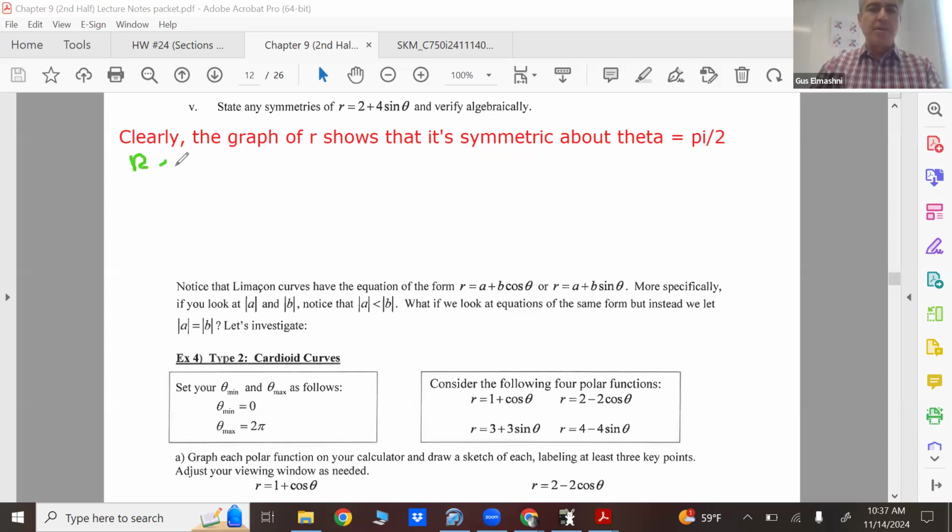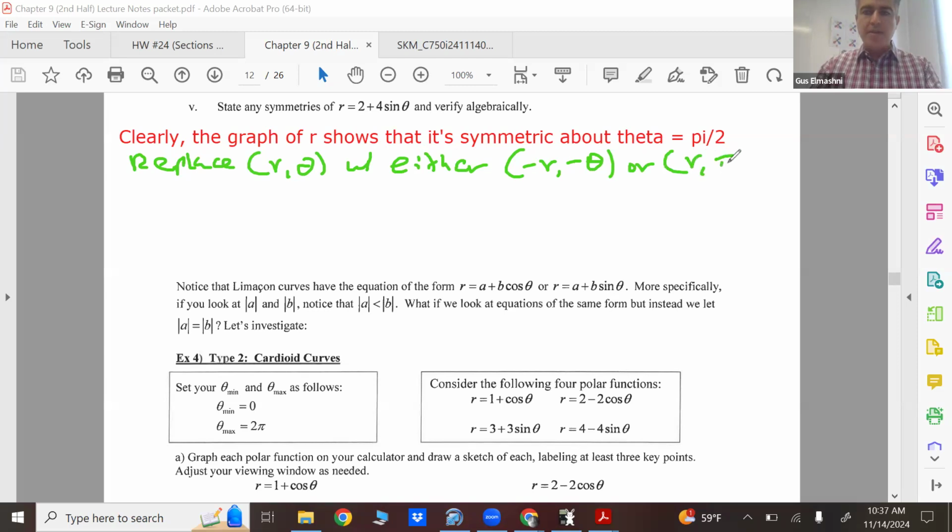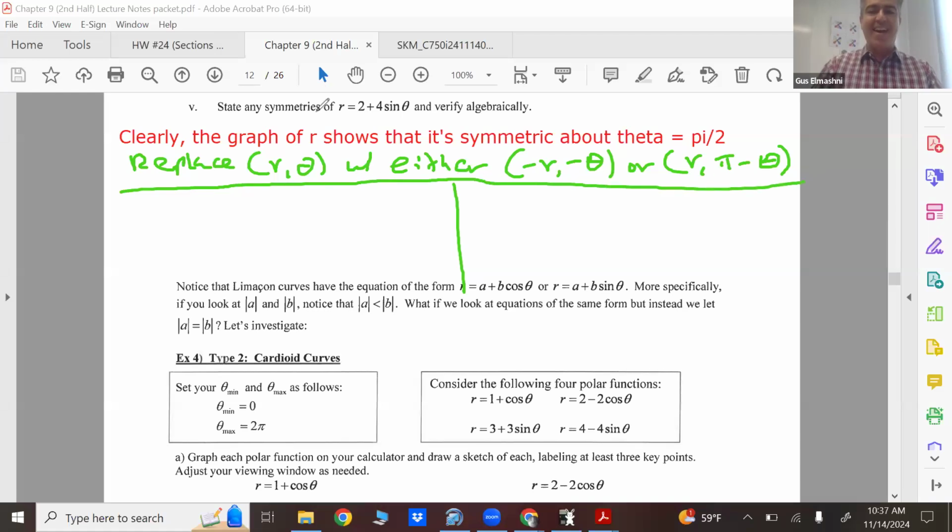So replace r comma theta with either negative r, negative theta, or r comma pi minus theta. Keep trying until it works. It'll work for one of them. And if it doesn't work for either, then you just give up. All right.